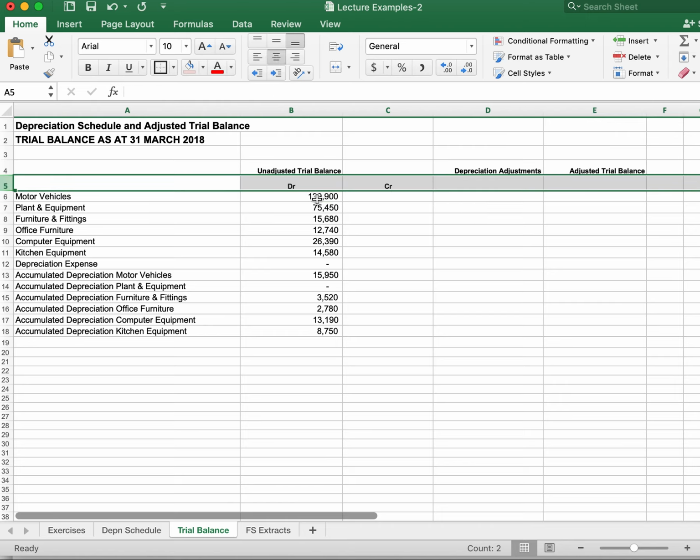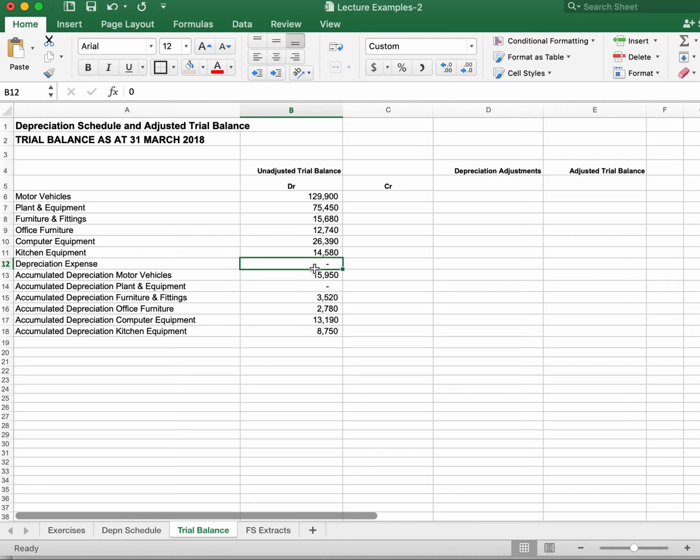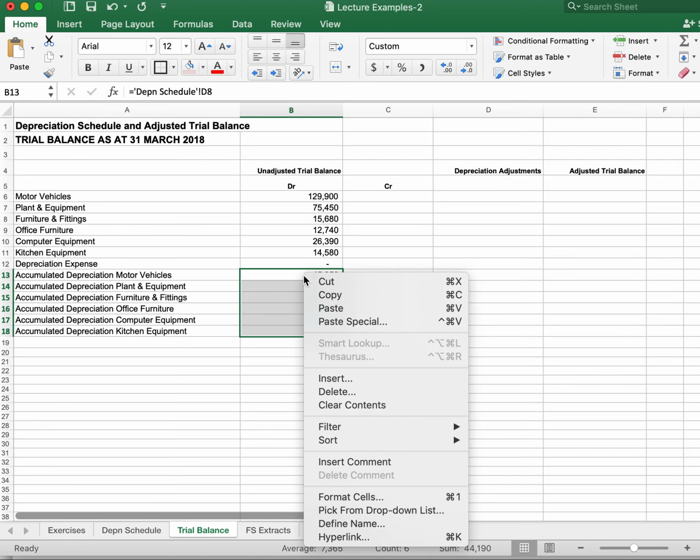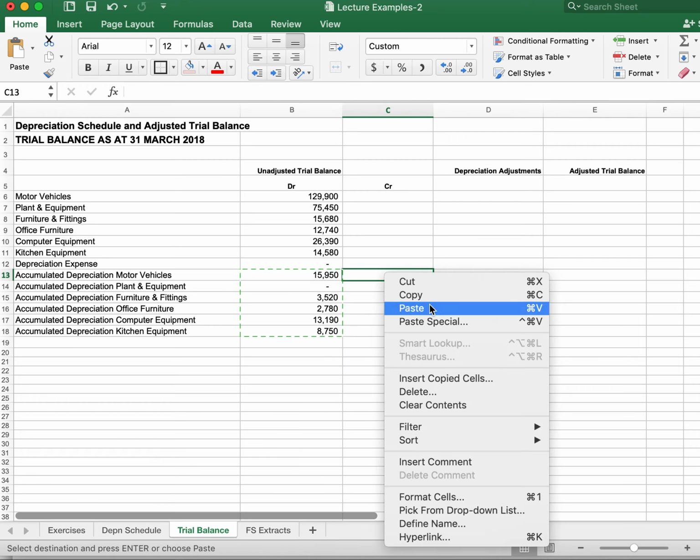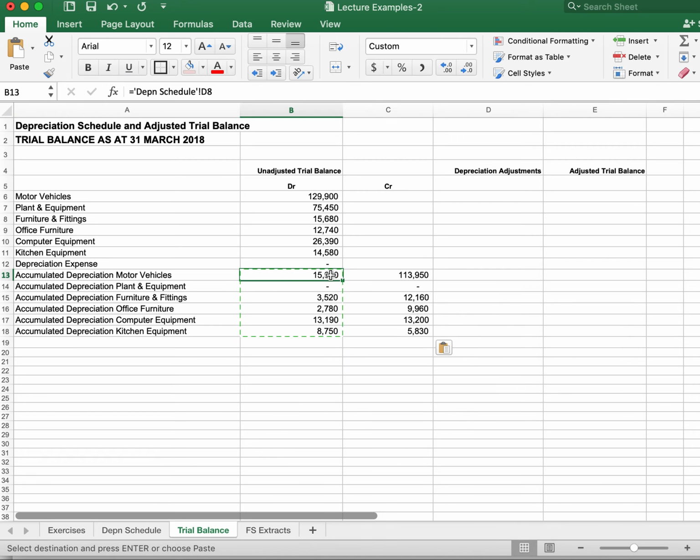All right. So motor vehicles is an asset, debit, asset, asset, asset, asset. Depreciation expense is an expense, so that's normally a debit. The accumulated ones, they're all negative assets. So I'm going to put them over here as credits, because that works better for me.